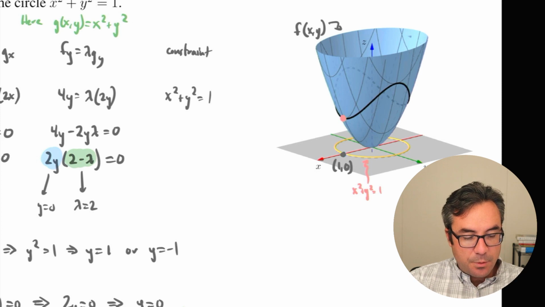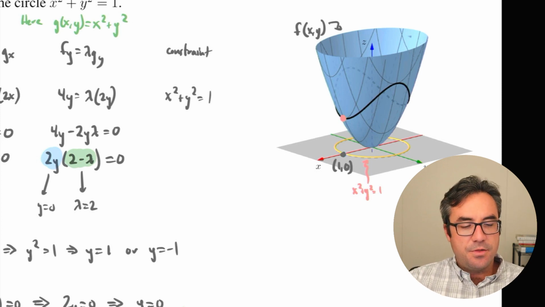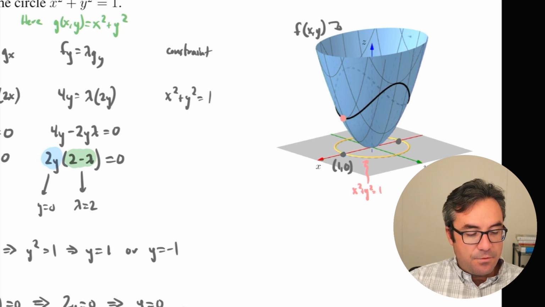If we look at the point on the curve, that has the lowest height for this section of this curve. And then same thing at the point negative 1, 0, there is also a low point over there. So we had a min and then a min over here.